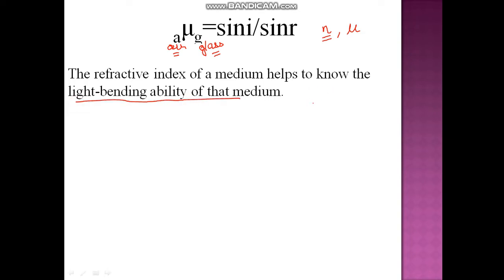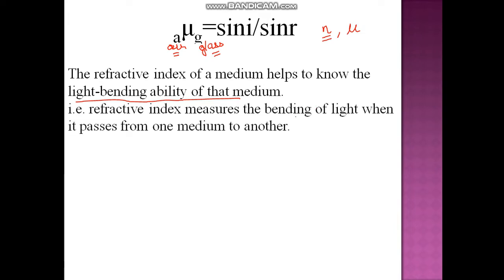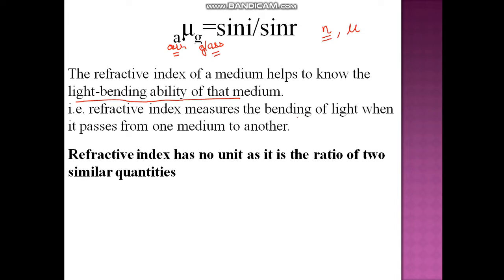That means when light travels from one medium to another, the extent it will bend towards the normal or away from the normal is decided by the refractive index of the medium. Now this means that refractive index will measure the bending of light when it passes from one medium to another. Refractive index has no unit as it is the ratio of two similar quantities.